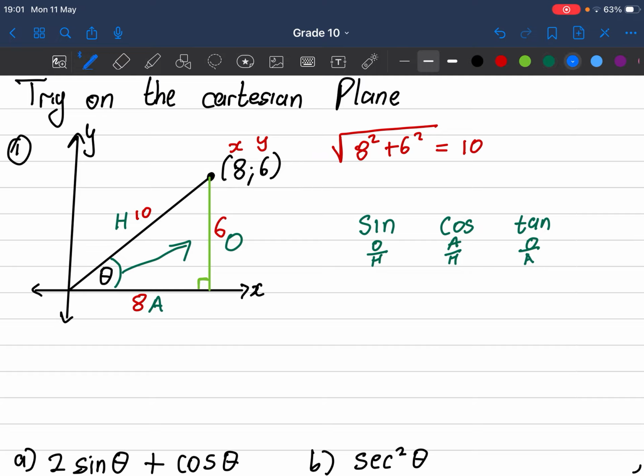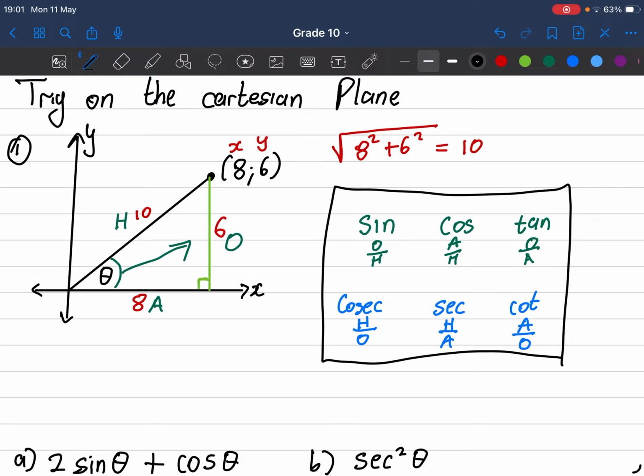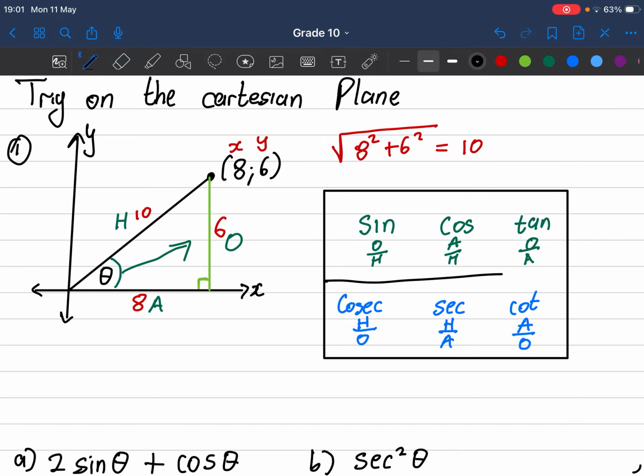We also get cosec theta, sec theta, and cot theta, which are basically the inverses of those. So it'll be hypotenuse over opposite, hypotenuse over adjacent, and adjacent over opposite. These are extremely important to learn in preparation, so we should know these. Alright, let's table this up.